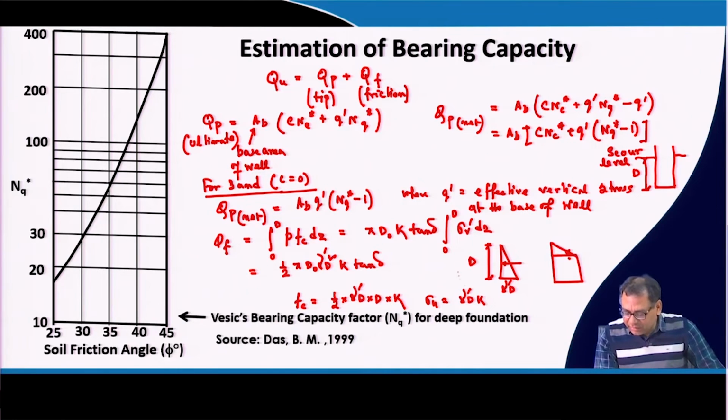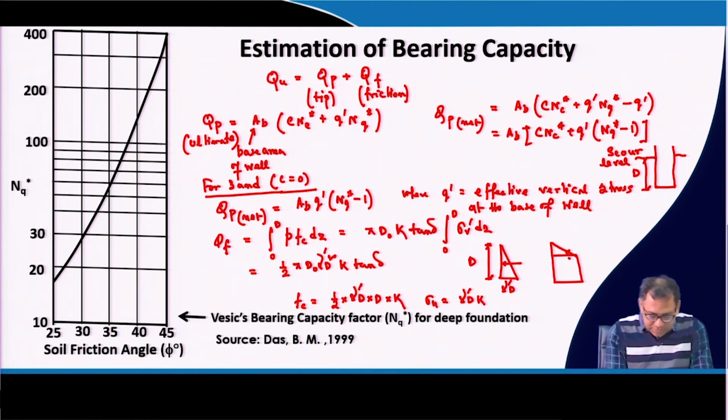So, here we can directly use this equation by considering a triangular distribution, and the effective unit weight we have to consider. That means, if it is below the water, then you have to consider the submerged unit weight, which is gamma sub or gamma dash. So, this way we can calculate the friction resistance and the tip resistance for the well.